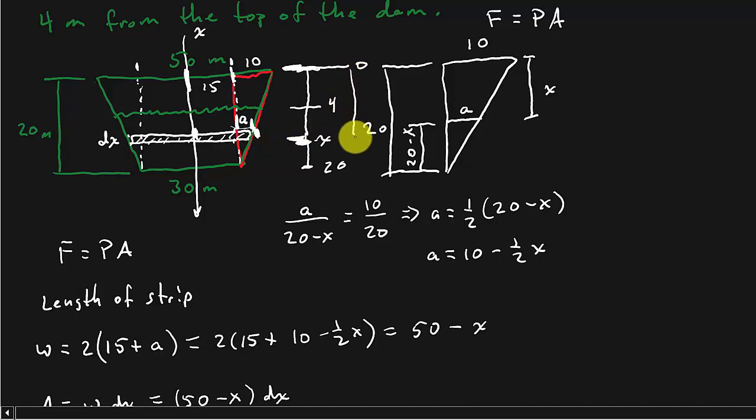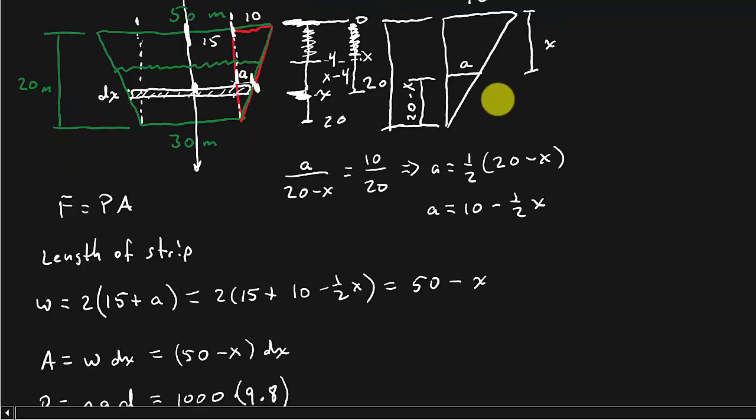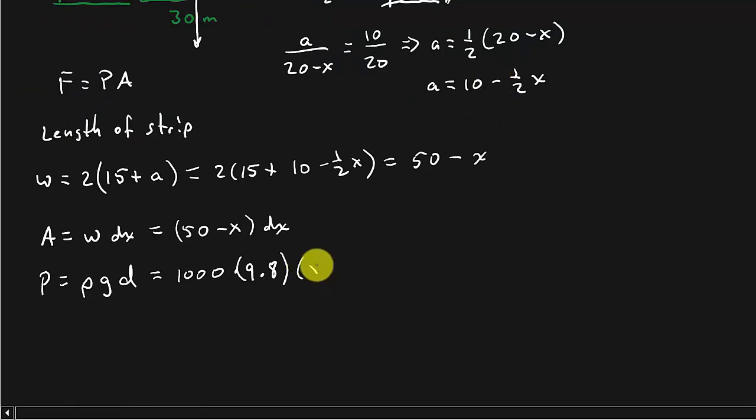See, this total distance here is x, and then if I want just this part, I need to subtract off that 4. And that leaves me with x minus 4. And so that's times the distance, x minus 4.